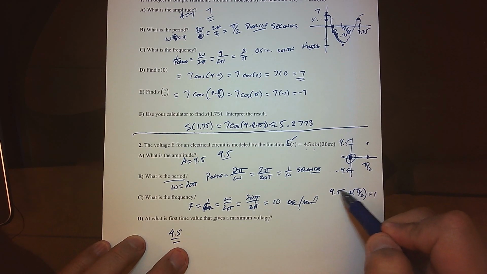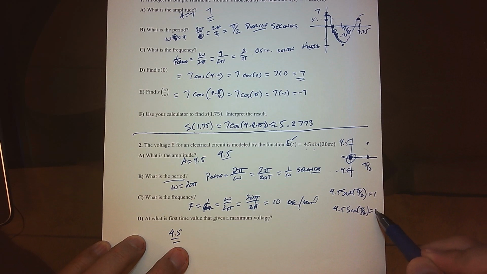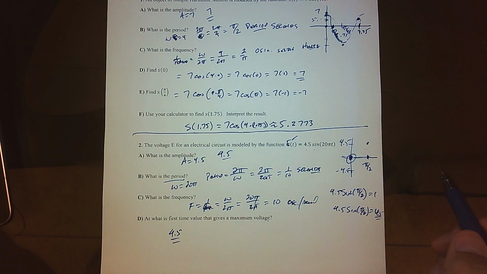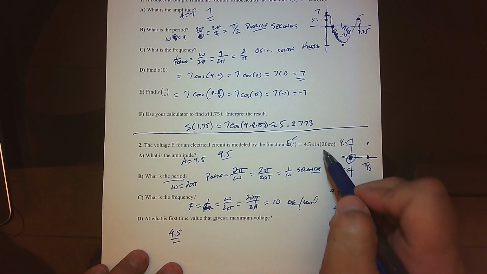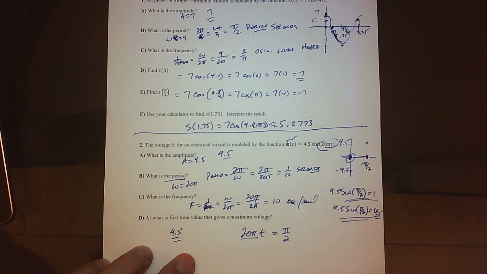If we multiply that by 4.5, then 4.5 times the sine of pi over 2 is equal to 4.5. So there's my high point. What that means is my input, 20 pi t, has to equal pi over 2. Because if I can find the time value where this expression is equal to pi over 2, then I've got it. So we now solve for t.